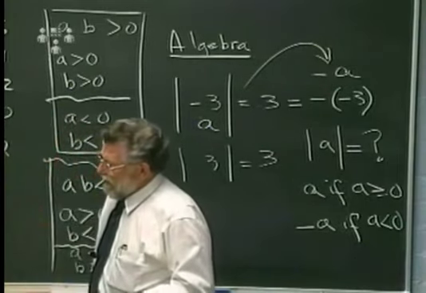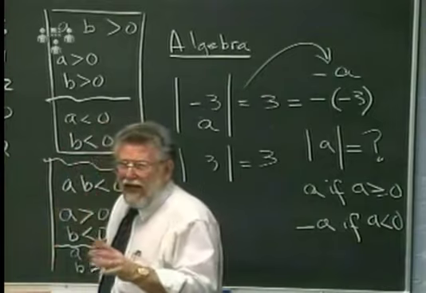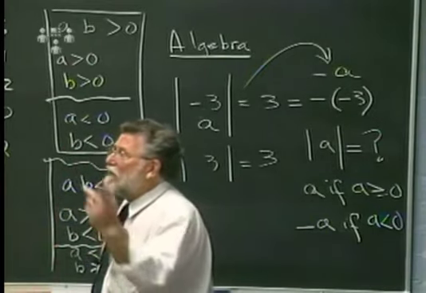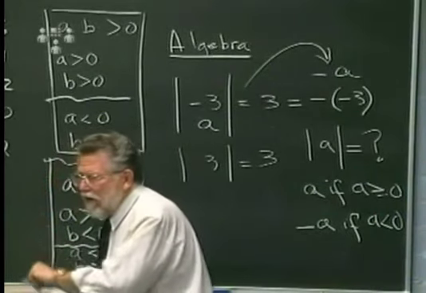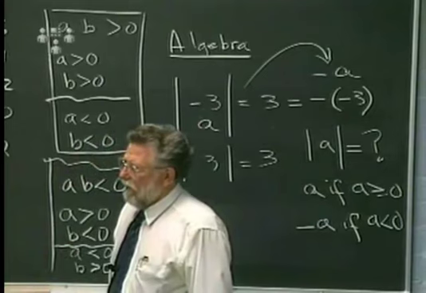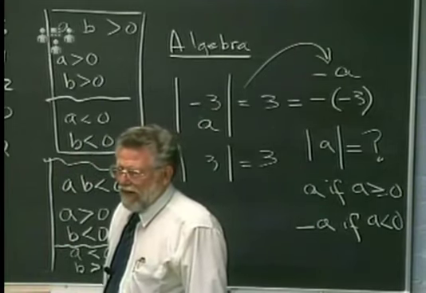Now, coming back to Robert's comment. If you look at A as a negative value, minus A is a positive number, even though it has a negative sign in front of it. One more time.